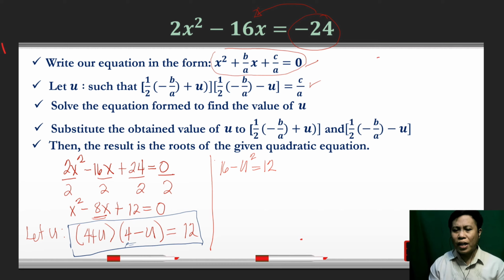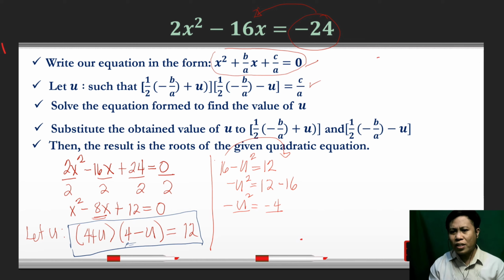Okay? Then we solve for u squared. Transpose this positive 16 to the right side, so it will become negative 16.